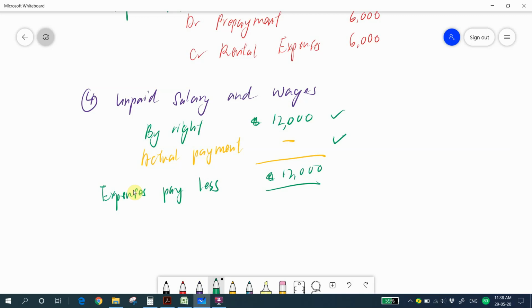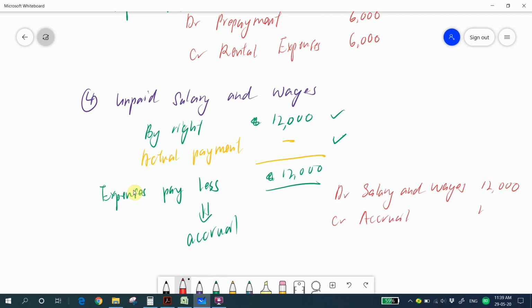So for expenses pay less, the term that we use is called accrual. The double entry is we debit the salary and wages account 12,000, and we credit accrual 12,000.